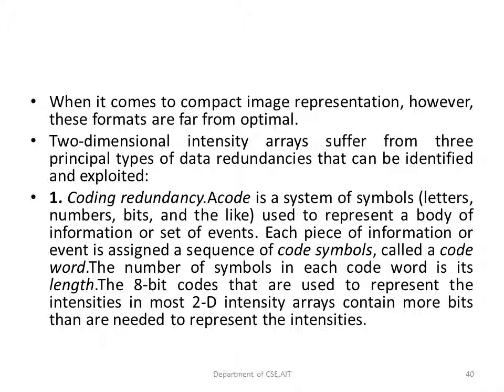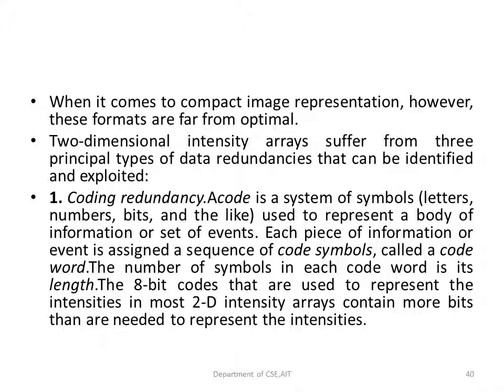A code is a set of symbols, it can be letters, numbers, bits, which are used for representing information, or it can be a set of events. So each piece of information or event which is assigned here is a sequence of code symbols, or the code word.